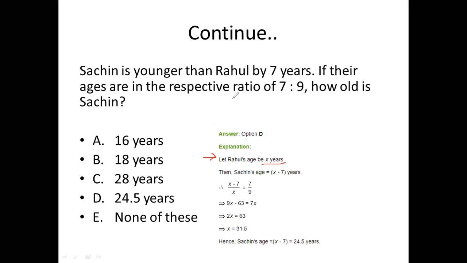And Sachin's age will automatically, since he is younger, be X minus 7, as we have seen in this statement that Sachin is how much?